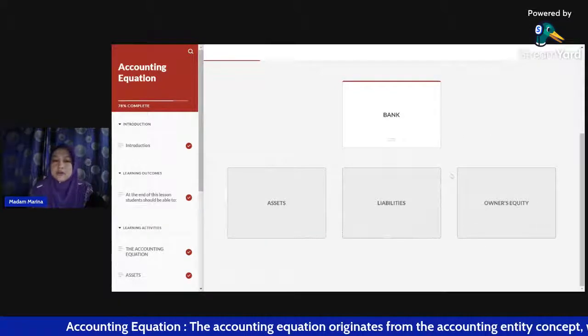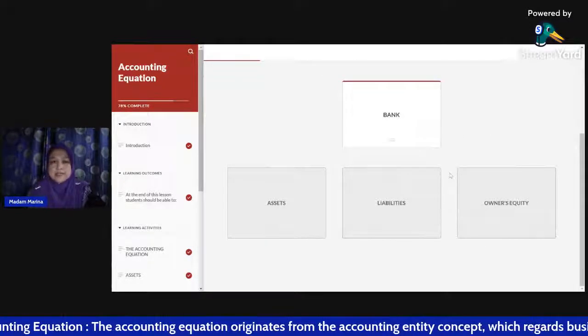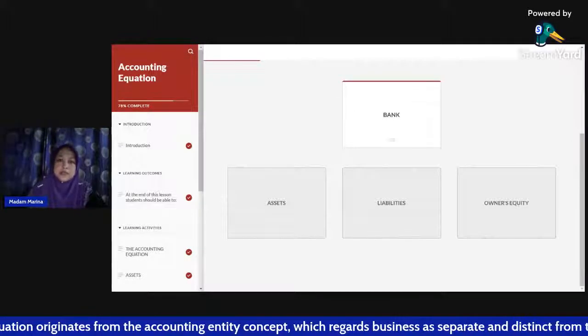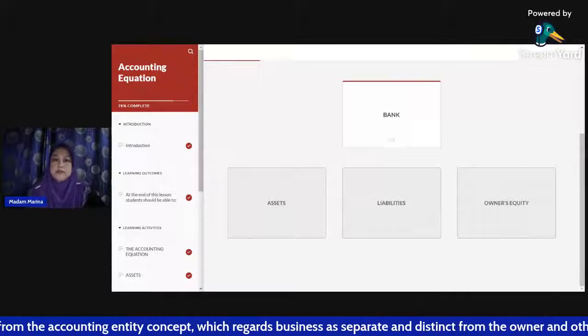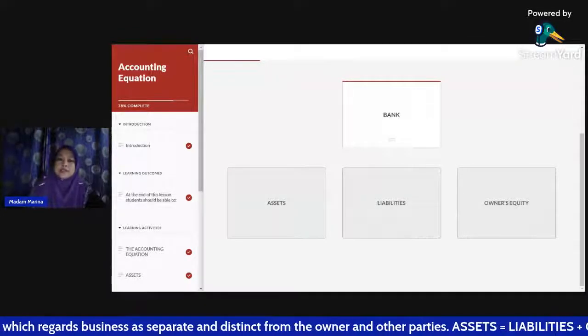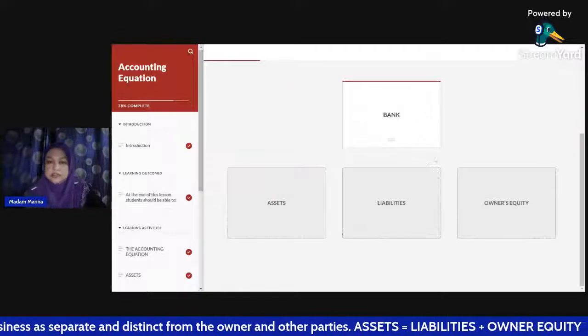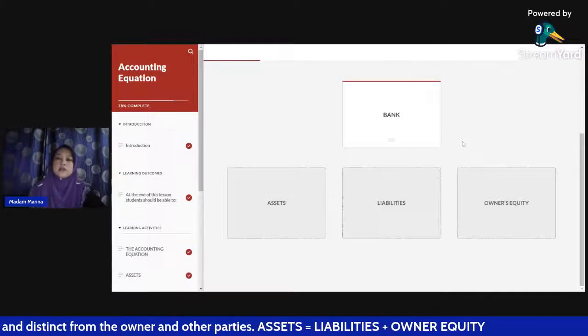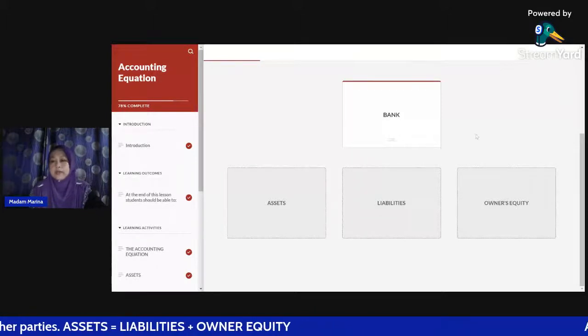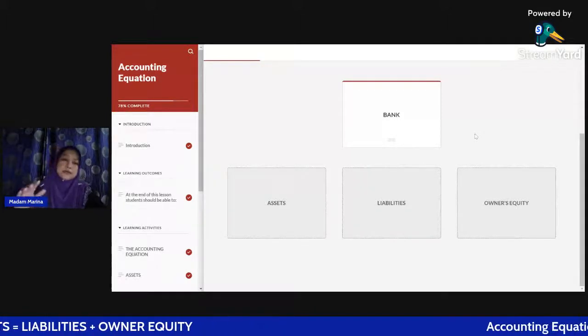The last part of this accounting equation topic, we have a quiz. We have six questions that you have to answer. So please do this activity and also answer the quiz. Okay, that's all. Let me conclude what we have learned for this topic.